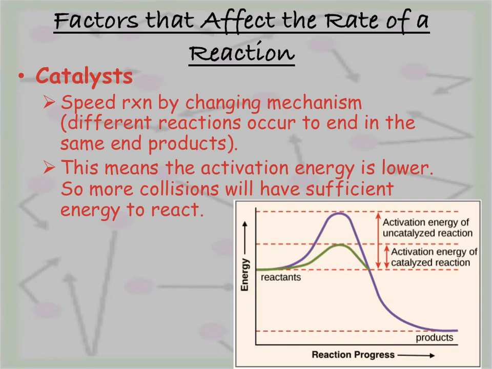All right, and last but not least are catalysts. Catalysts work a different kind of way. They actually change how the reaction happens, okay? So you're still going to start with the same reactants and end with the same products, but what it changes is this middle area, okay? It changes your activation energy, so it lowers it, which means that you need less energy.